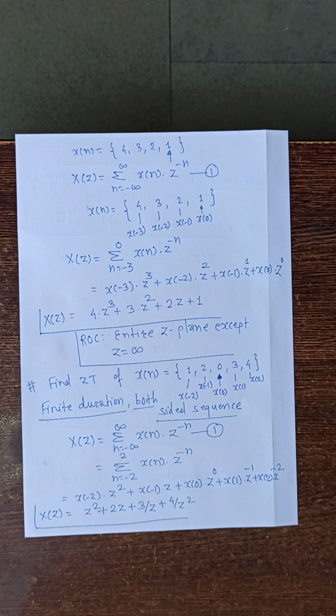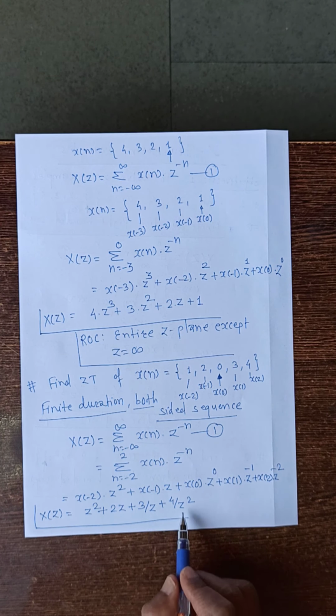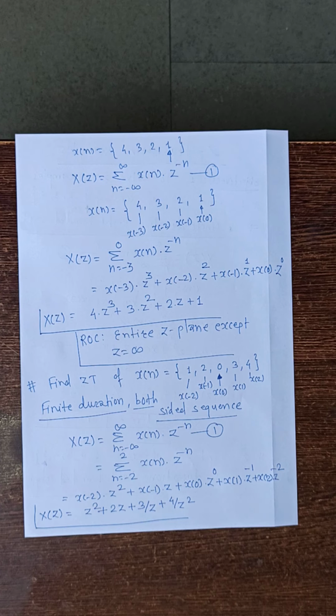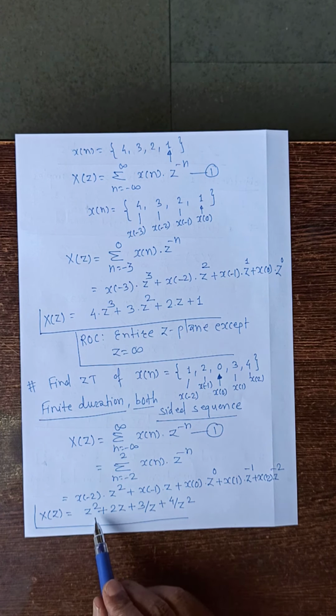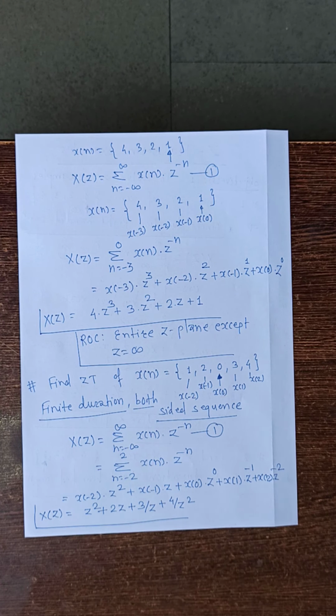Now just check the values again for the ROC. If I put z equal to 0, z is in the denominator here, so this term becomes infinite. If I put z equal to infinity, this term becomes infinite because it is in the numerator. So for z equal to 0 and infinity, X(z) will be infinite. It will have a finite value except when z is equal to 0 and z is equal to infinity.